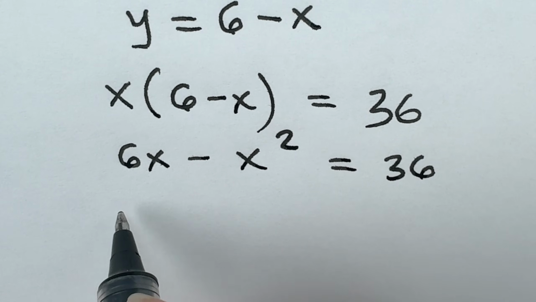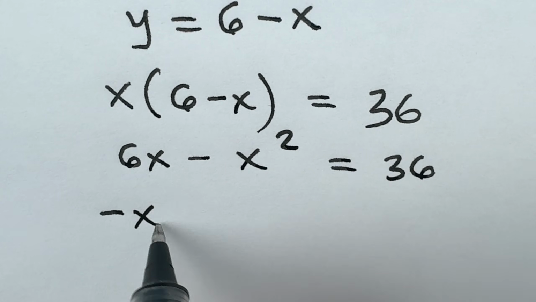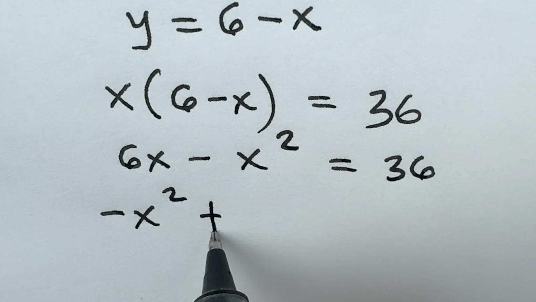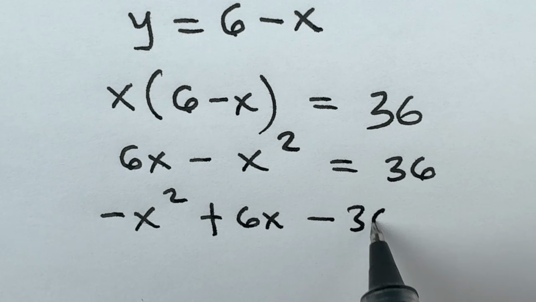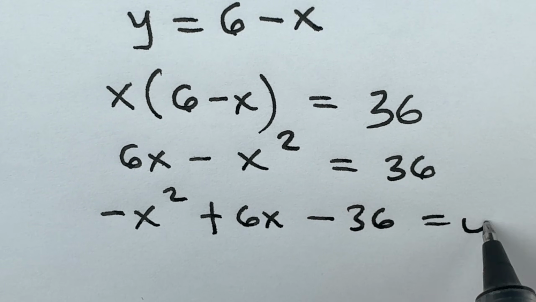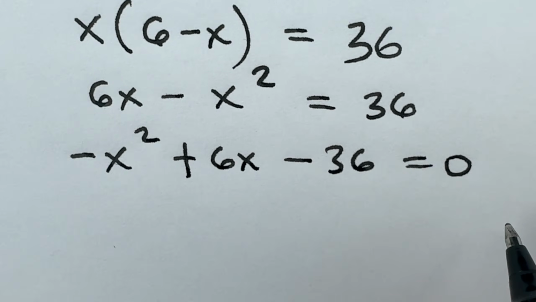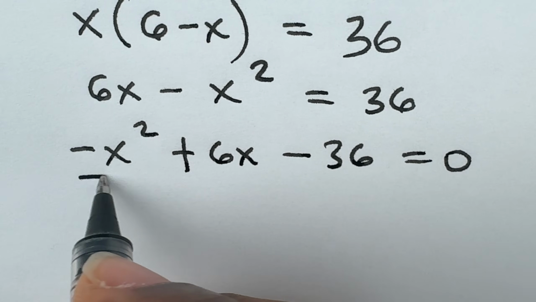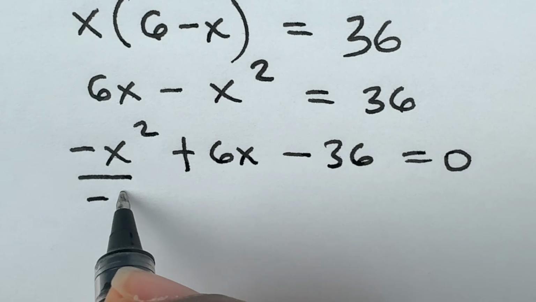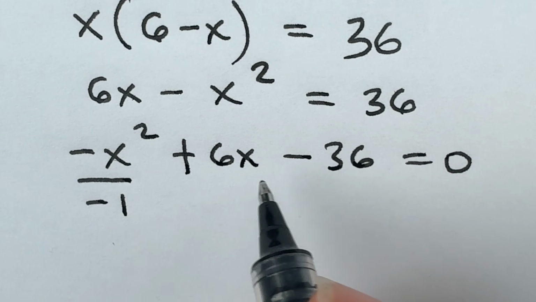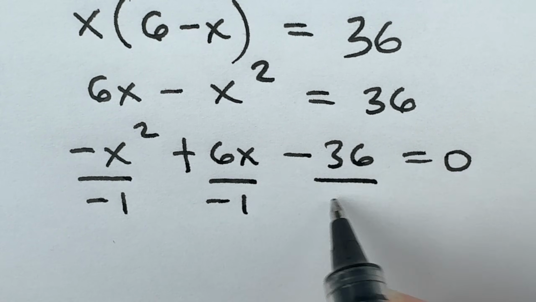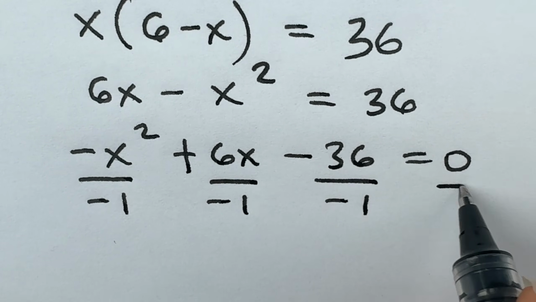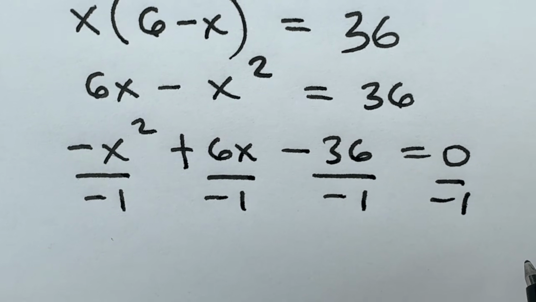Let's rearrange this to give us negative x squared plus 6x minus 36 is equal to 0. I'm going to divide both sides by negative 1 so that the coefficient of x squared is positive. 0 divided by minus 1 will always be 0.